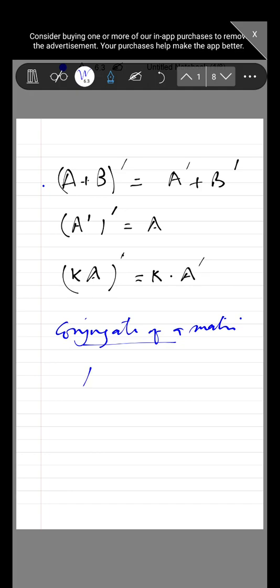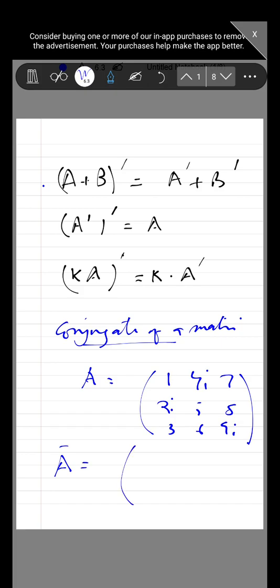That means, if A is a matrix, say given as 1, 2i, 3, 4i, 5, 6, 7, 8, 9i, then the conjugate, A bar, is simply this: the elements 2i, 4i and 9i are the complex numbers, so in the conjugate matrix they will be replaced by their conjugates.